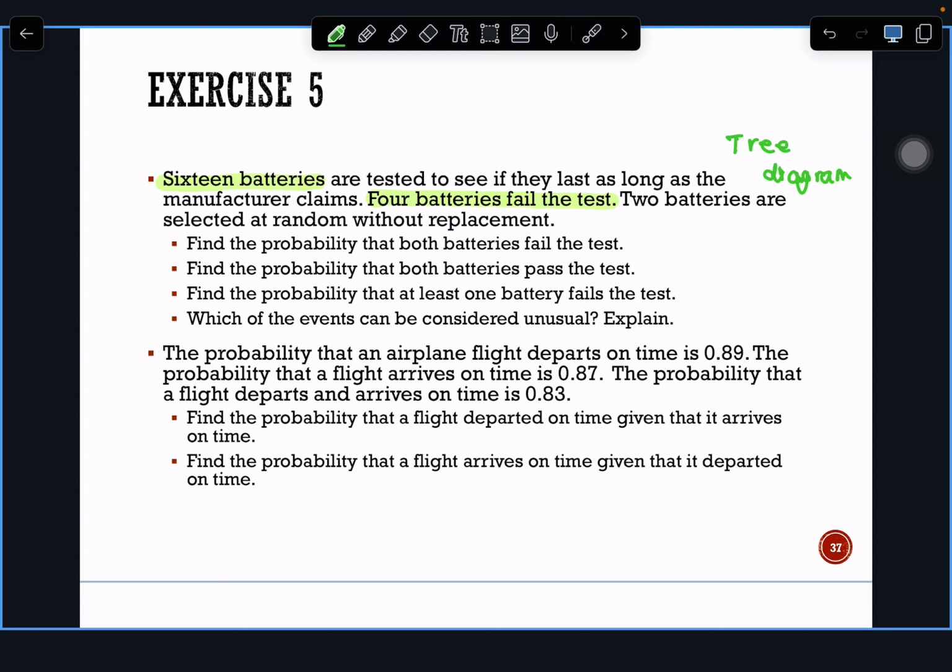So basically you can use the letter F for fail, capital F, fail 1/4, and F bar. What is F bar? Complement. What is the value? 3/4.